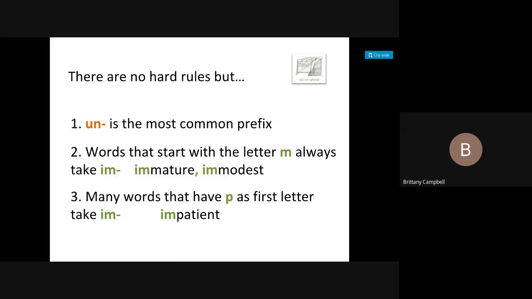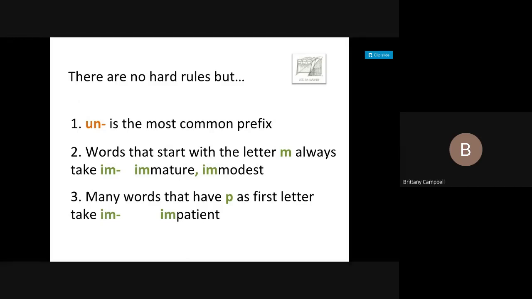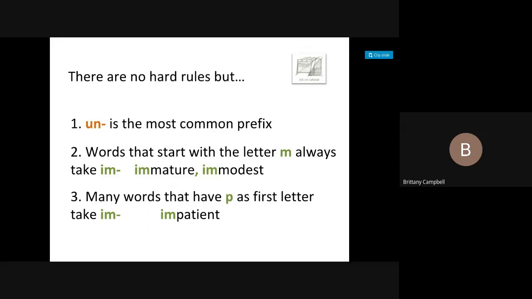Now, words that start with the letter M always take im. So immature, immodest. Now, if you pay attention here, mature, mature, what can we call this? The root word, or some persons say the base. Why is it called the base? Why would you say it's a base?